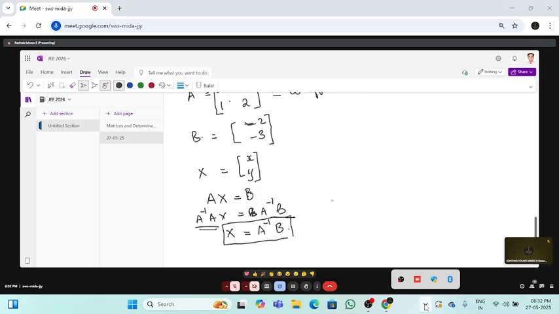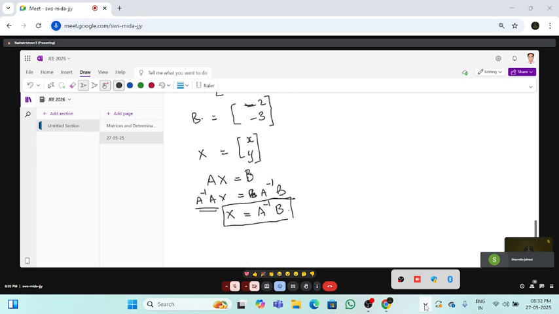Let's use this in this problem to solve. This can be programmed in a computer. Matrix inversion, given a matrix, can be programmed like a routine.